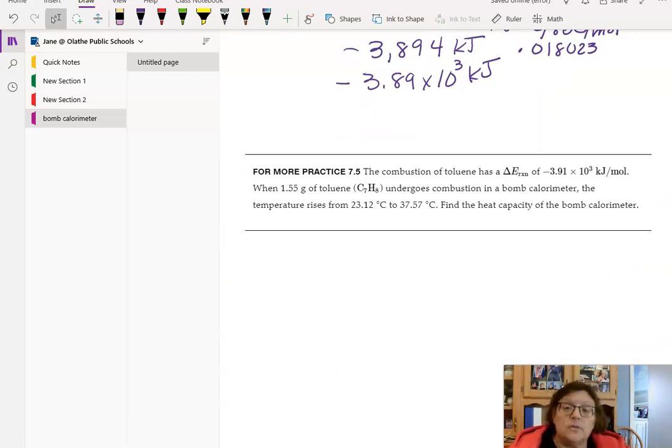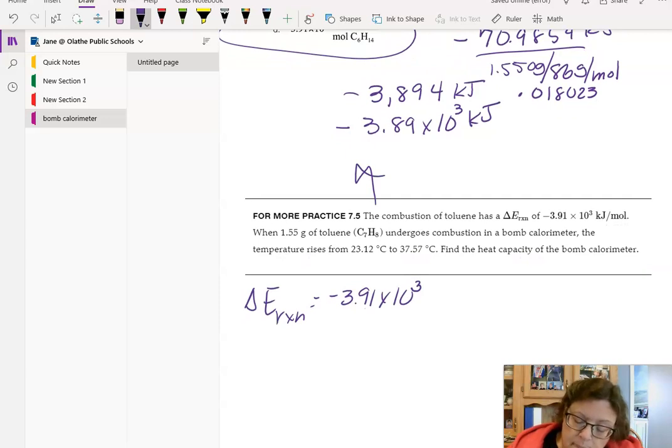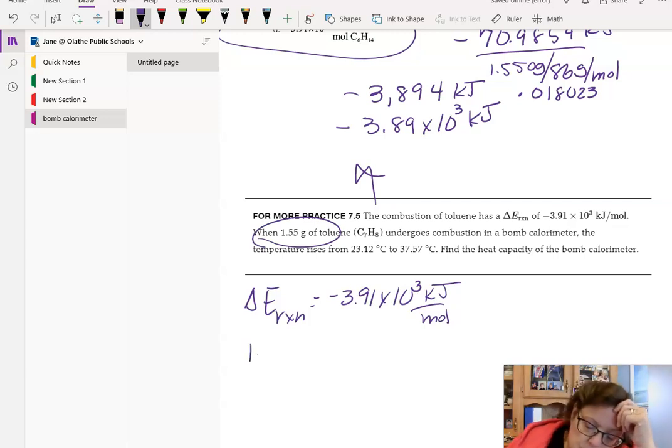All right, the third one throws us a little bit of a curve. This time we know what the energy change is. We know that it's equal to negative 391 times 10 to the third because we just calculated it up here. We have a new bomb calorimeter we're going to use. We know that we have this energy, and it tells us we have 1.55 grams of toluene. So we first need to change that to moles. 1.55 grams divided by the molar mass.